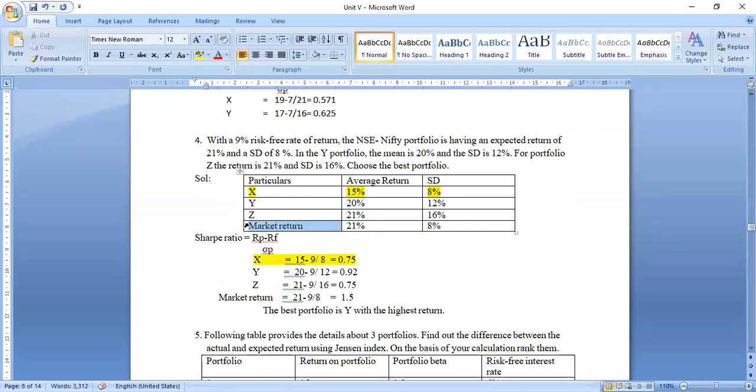Now with regard to market return, we have 21% and a standard deviation of 8%.